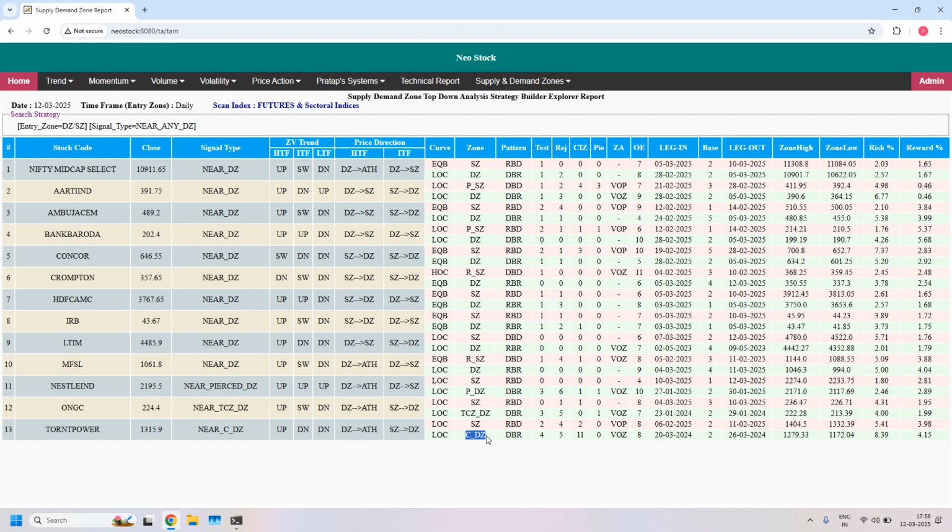We have only one valid high liquidity daily demand zone, that is Torrent Power, already tested 4 times. And if you have a fresh fine-tuned 5-minute zone or any high liquidity 5 minutes demand zones, you can plan the trades. Otherwise, zone will be violated. Okay, one high liquidity daily demand zone.